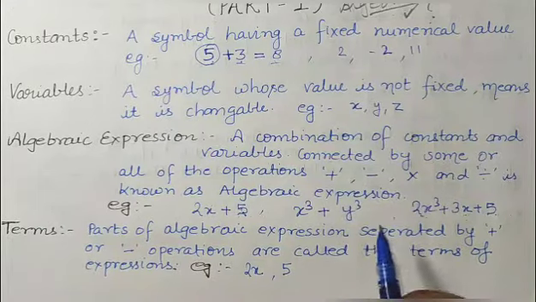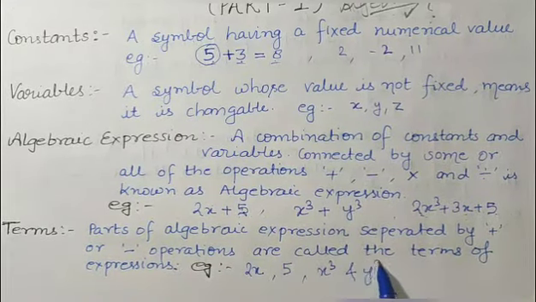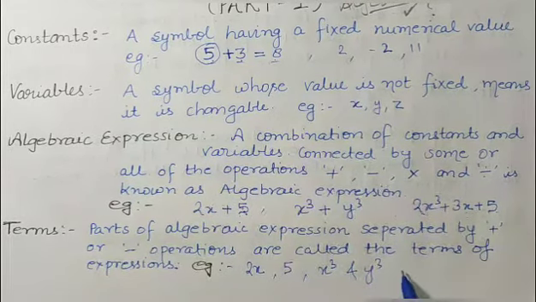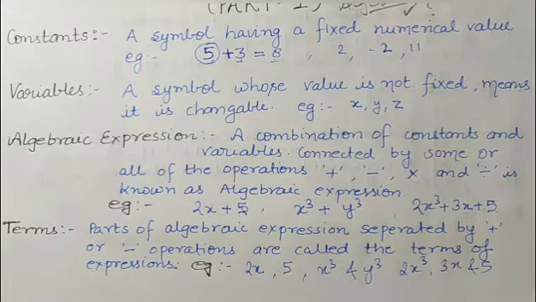In the second example, x cube and y cube are terms. In the third example, 2x cube, 3x and 5 are terms. So the parts of an algebraic expression separated by additive or negative sign or operation are called the terms of the expression. Okay, students.